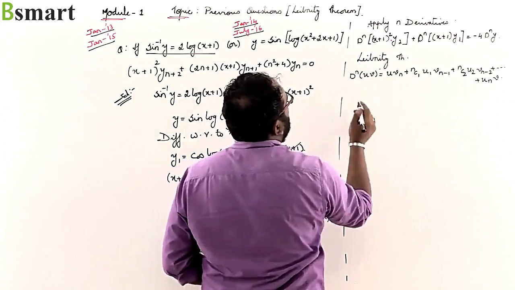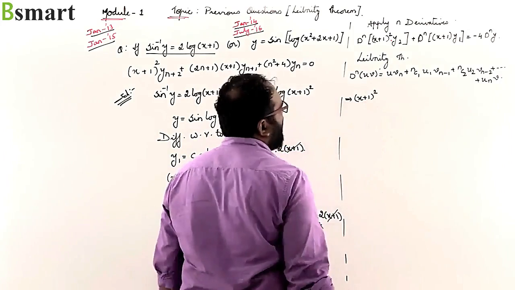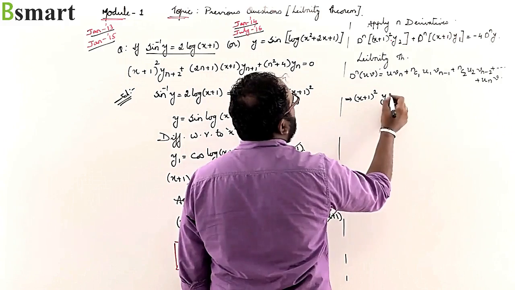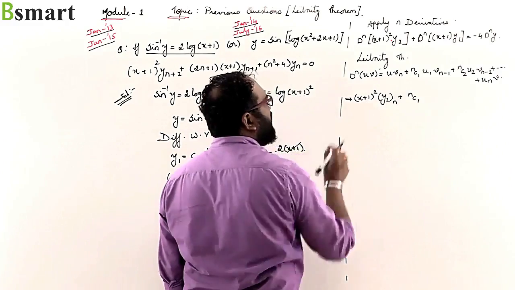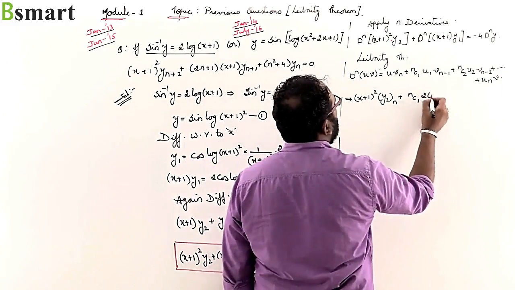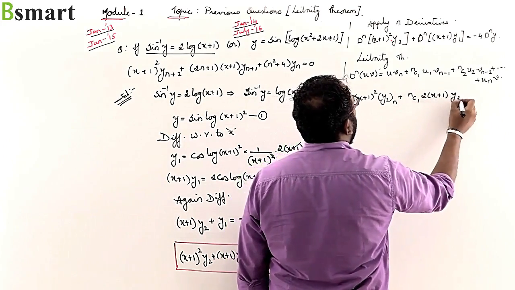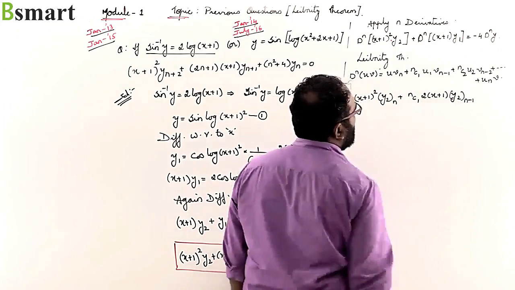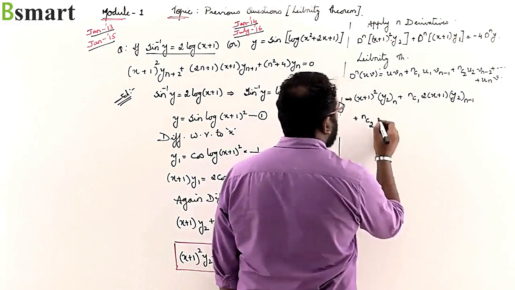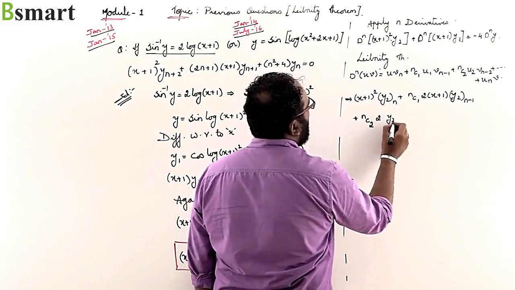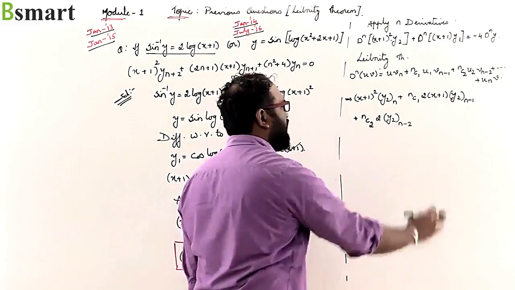So that implies u into vn: (x plus 1) whole square into the nth derivative of y2, plus nC1 into the derivative of (x plus 1) whole square, which is 2 into (x plus 1), into the (n minus 1)th derivative of y2, plus nC2 into the derivative of 2(x plus 1), which is 2, into the (n minus 2)th derivative of y2, plus if we differentiate 2, that will be 0.